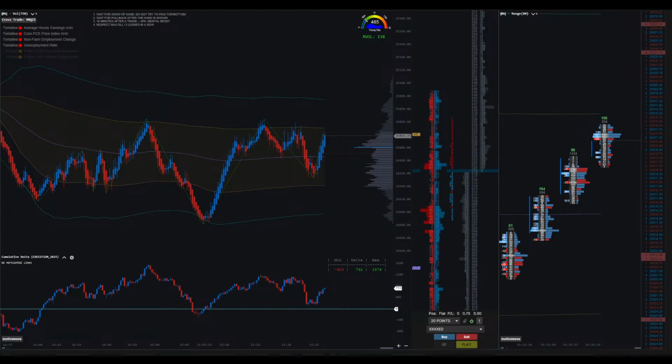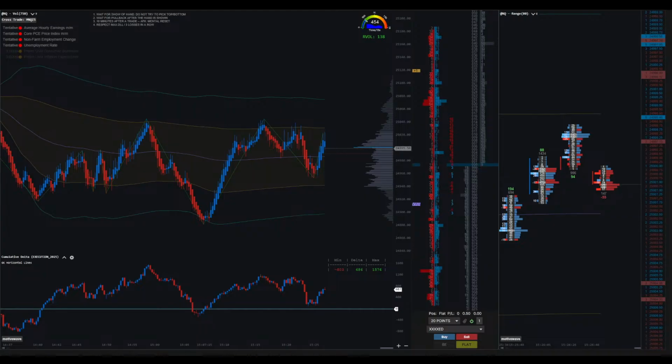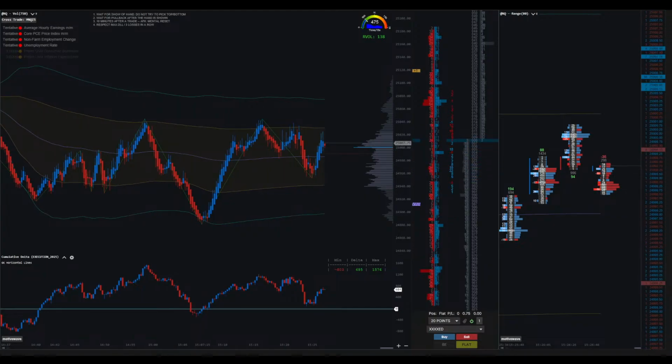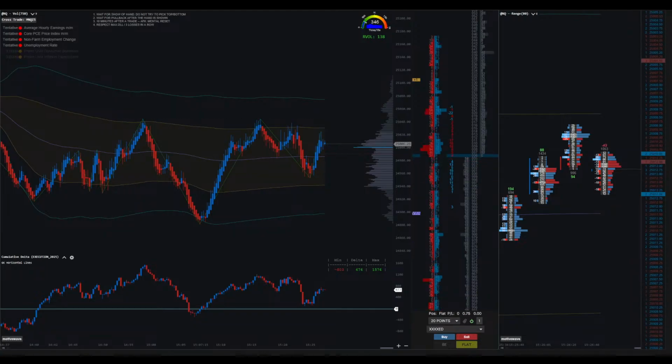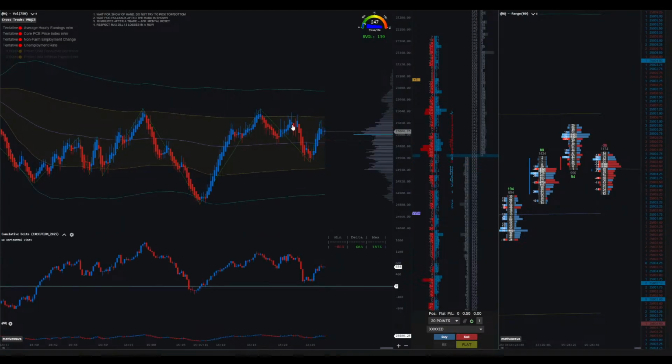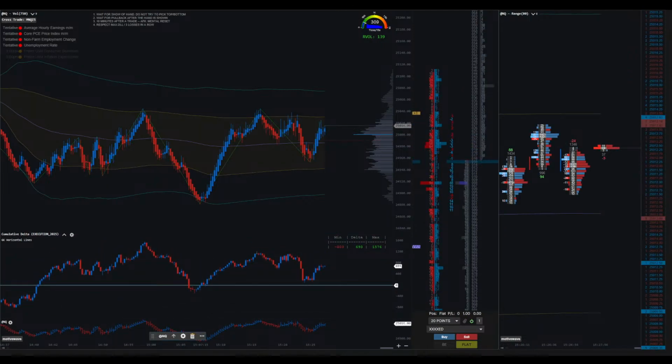Okay. Big buy. Instrument graph. Okay, actually that's exactly what I want.